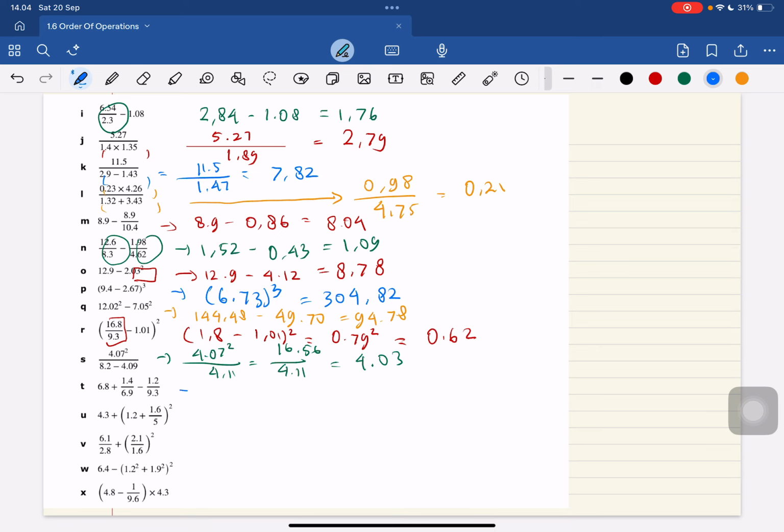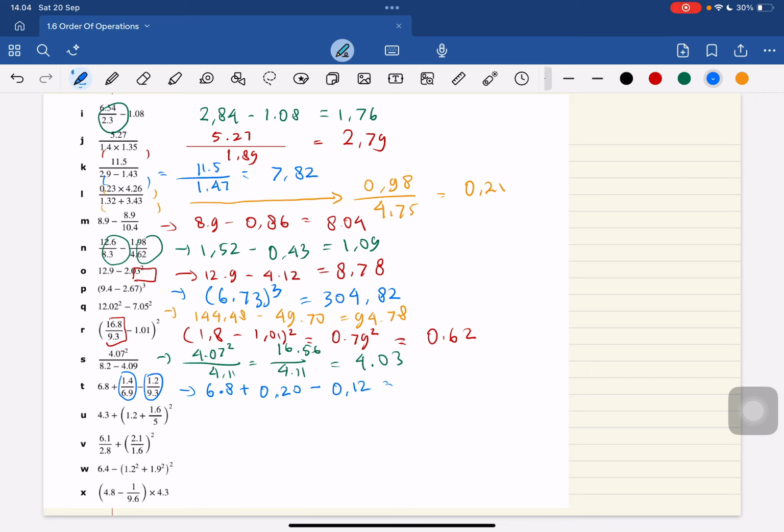Okay, next let's finish all the division here, fraction. So let's write it 6.8 plus 1.4 divided by 6.9 gives us the answer of 0.20. Okay, next is minus with 1.2 divided by 9.3 will give us the answer of 0.12.